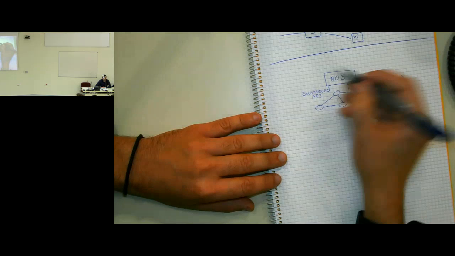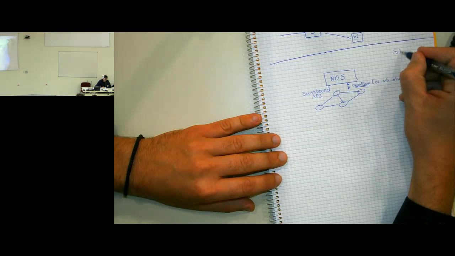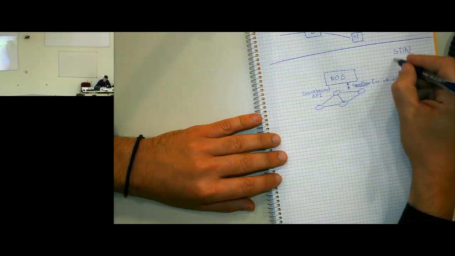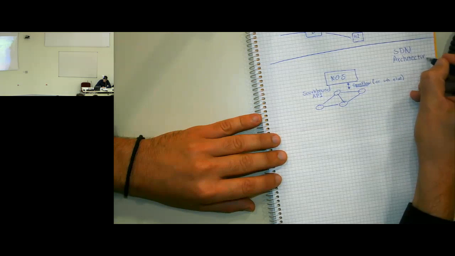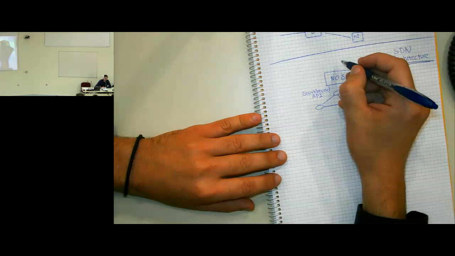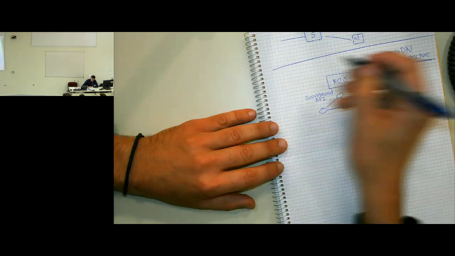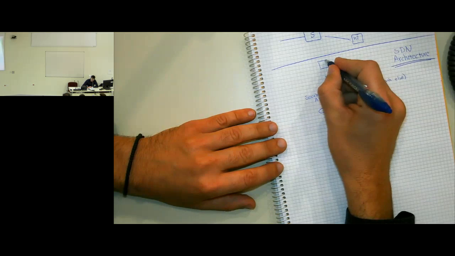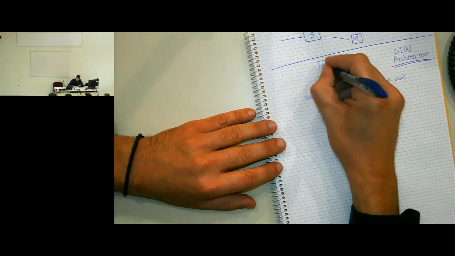Now, on top of the network operating system, in the high-level SDN architecture, we also have the vision for a northbound API. The northbound API is what sits between the network operating system and the applications.